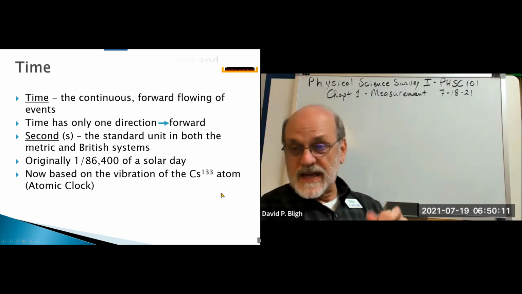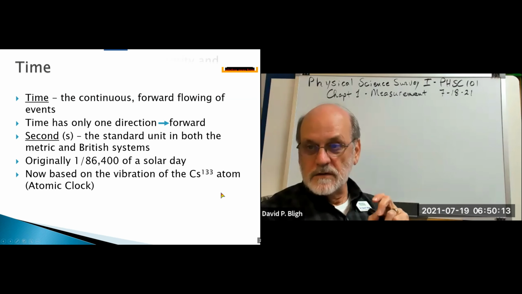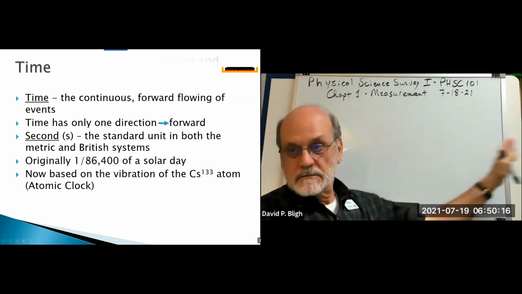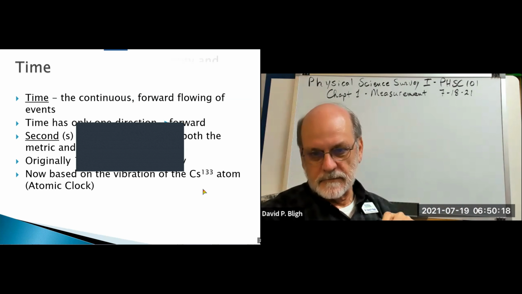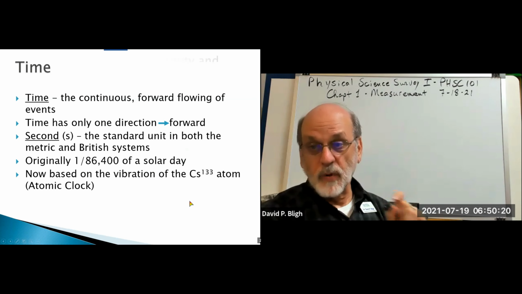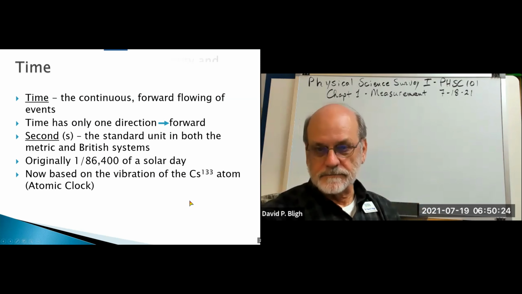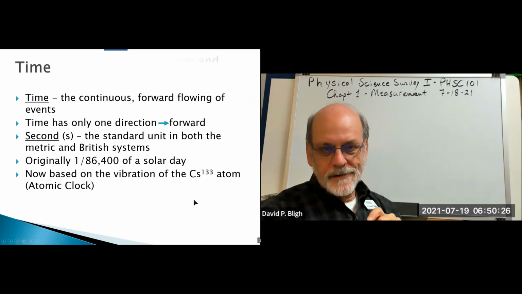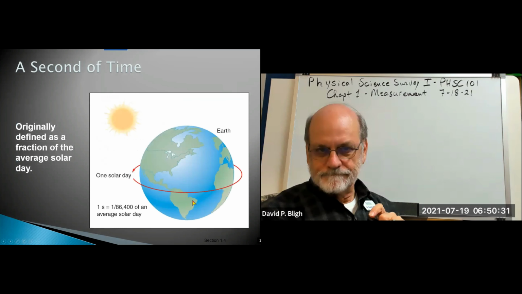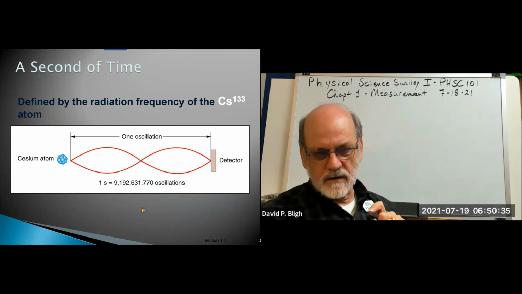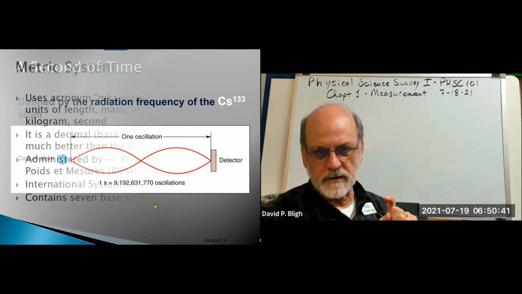So, needless to say, we know the second to many, many decimal places very, very accurately. And that's important, especially for satellite communications. Okay. So let me carry on here. This is measurement of a second. I'm not going to labor that point any further.